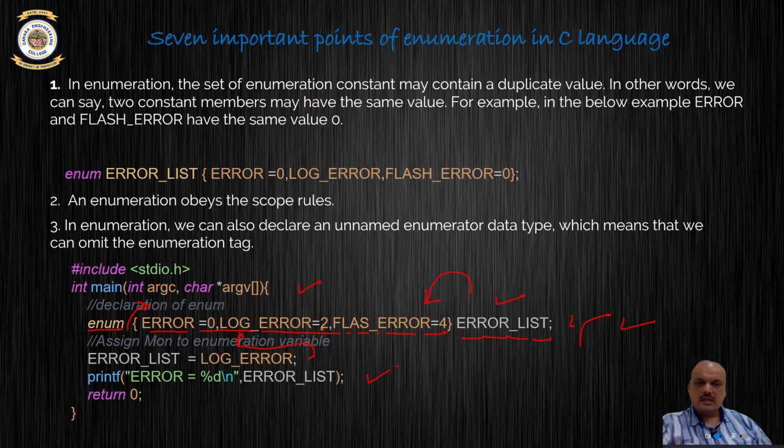So in this case error list is being assigned to log error. Log error is 2, so the value stored in error list is 2. So the output of this code will be the number 2.